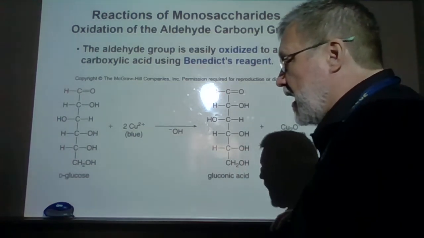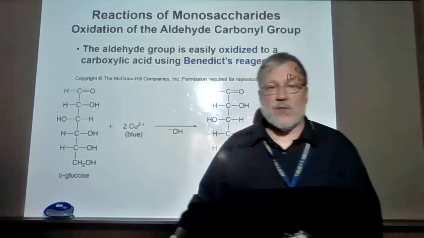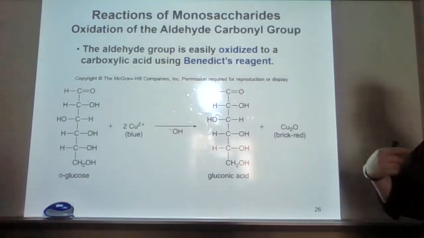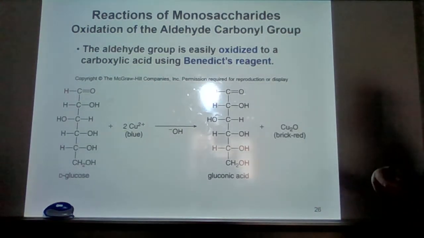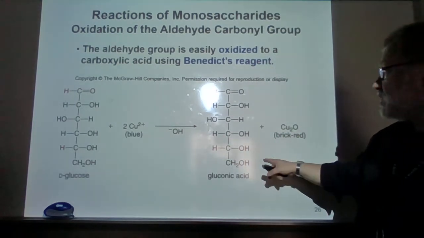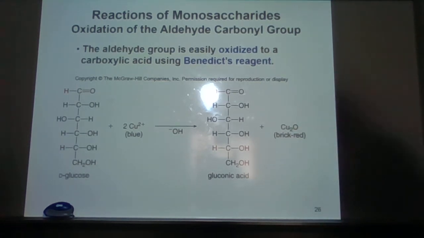Therefore, if we have excessively high levels of glucose in the blood, indicating that someone's enzyme of insulin is not removing glucose from the blood, they can do this kind of test with it, and if they form this brick red color, we know that there is excess glucose in the blood and they have to do something about the blood sugar.